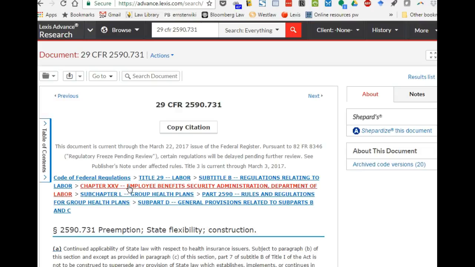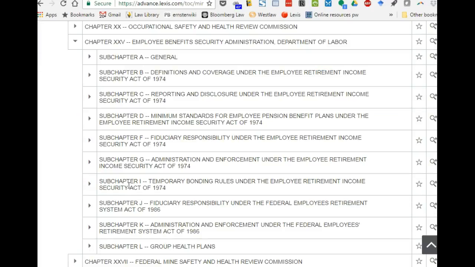So employee benefits, security administration, and we would see these various subchapters that we looked at last time and discovered there were definitions that were interesting. There are a whole lot of other sections that were of interest. So keyword searching, table of contents, one method.